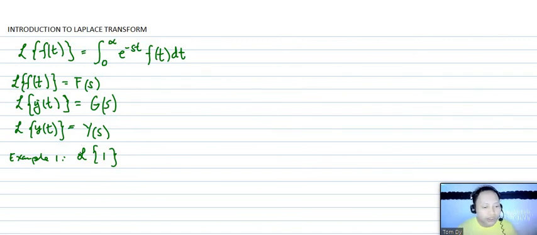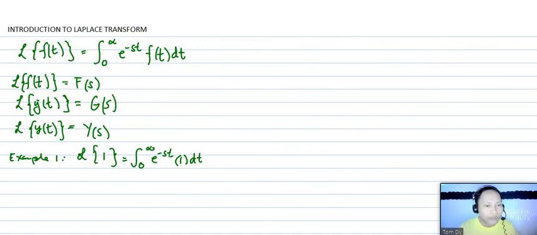If we take the Laplace transform of 1, of course we will make use of this formula, that is equivalent to the integral with limits from 0 to infinity of e raised to negative st times our function, which is 1, dt. Of course, 1 dt is dt.